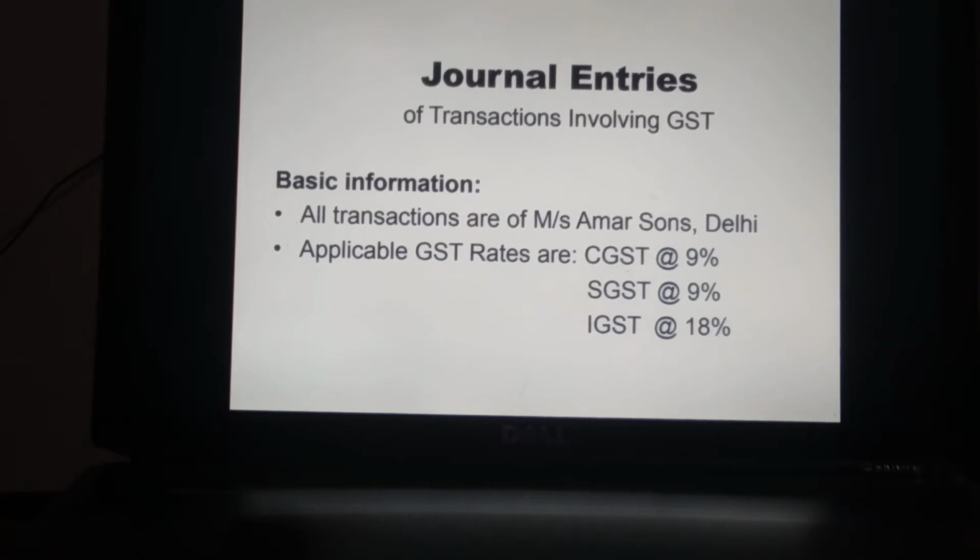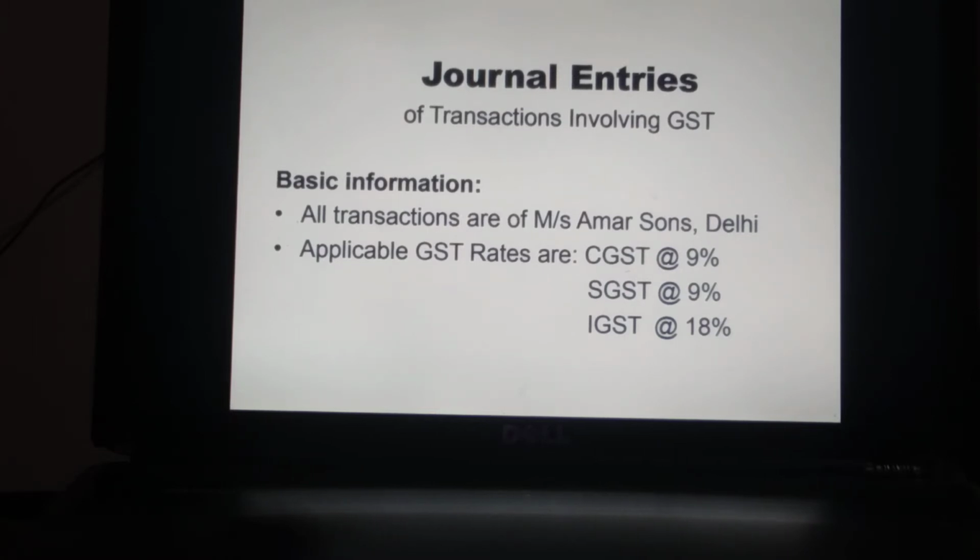But before that, I would like to tell you one thing: there are two kinds of GST. GST is levied, charged and collected by the seller of goods or services, or both, for and on behalf of the government, so it is termed output GST.